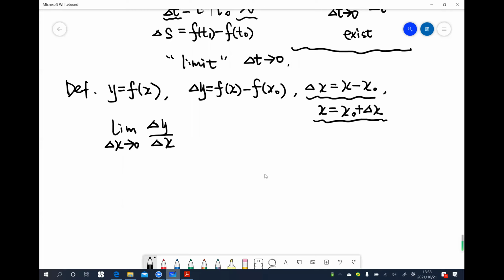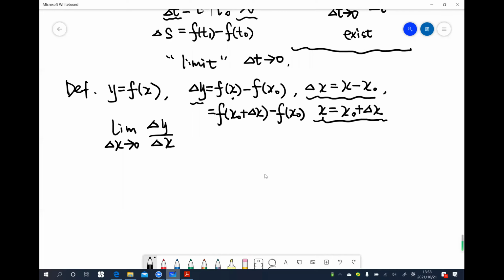And delta y we can express another way: f of x, substituting x, that is f of x0 plus delta x minus f of x0.